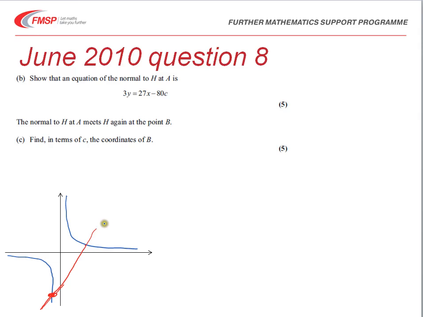We know that our normal is 3y is 27x minus 80c, and we know that the hyperbola is xy is equal to c squared. So we simply need to solve these simultaneously.